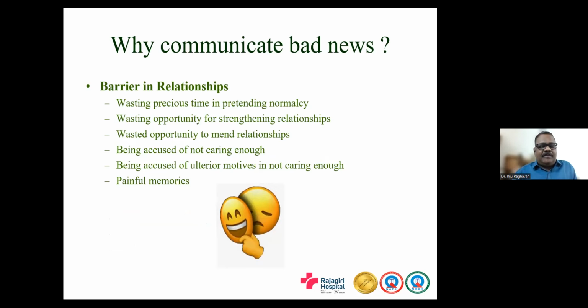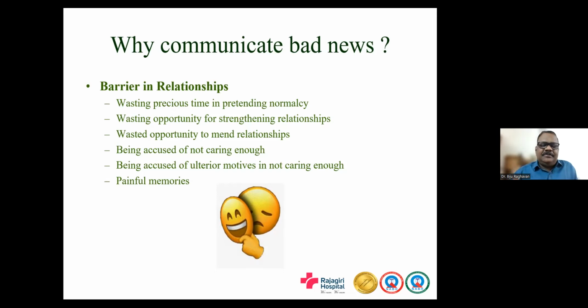And when the family members get overwhelmed, they will go into the father's room and cry, and then wash their face and come back in front of the patient and again continue this drama. Or they may come to your clinic or my clinic and they'll cry their heart out, but they will never be able to cry in front of the patient.